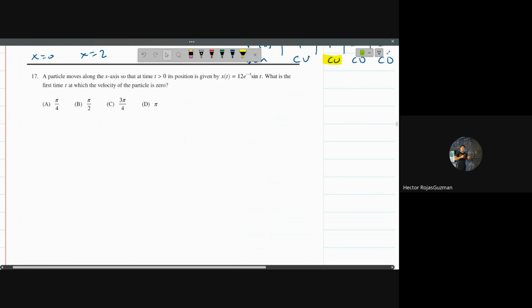All right, number 17. A particle moves along the x-axis so that its position is given by this function. What is the first time at which the velocity of the particle is 0? Okay, well, let's go ahead and start by finding the velocity.